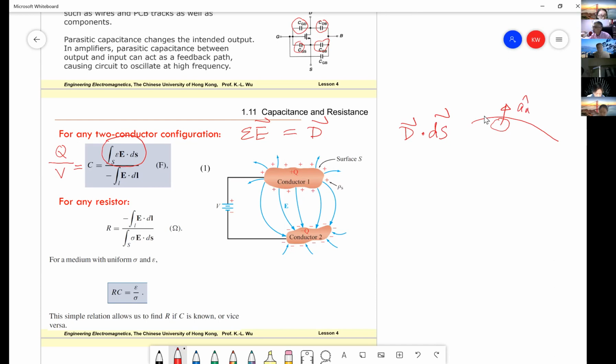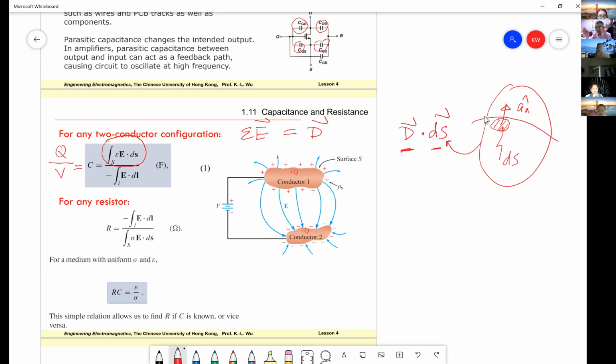Okay, so this is a small area combined together. This is dS, right? What is dS? First of all, dS is defined by a normal direction of a surface, right? So when we have a dot product of a direction with a vector, what are we doing?